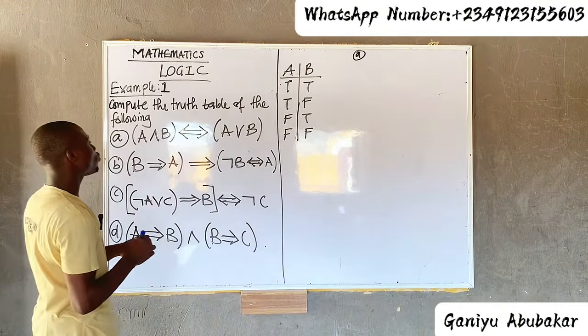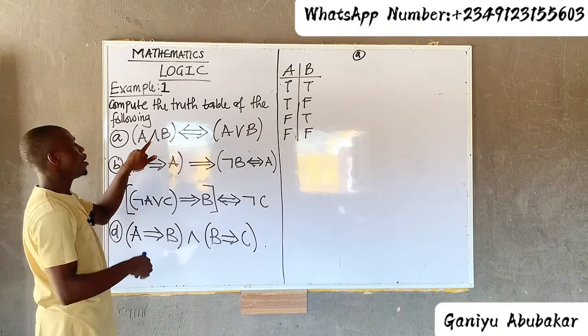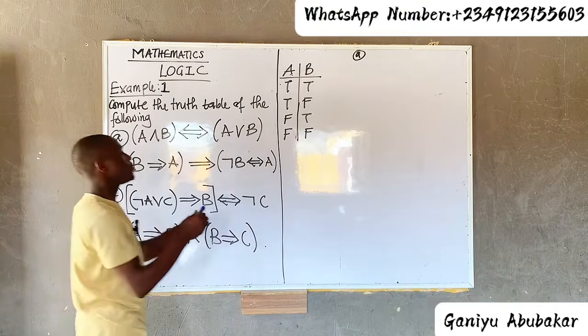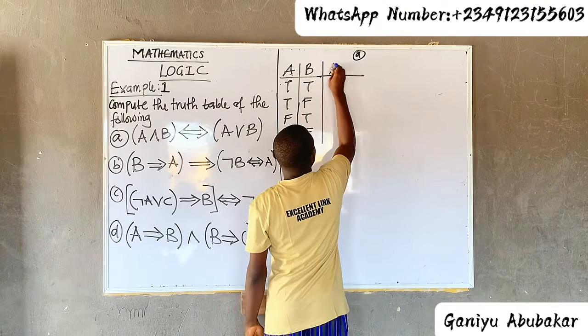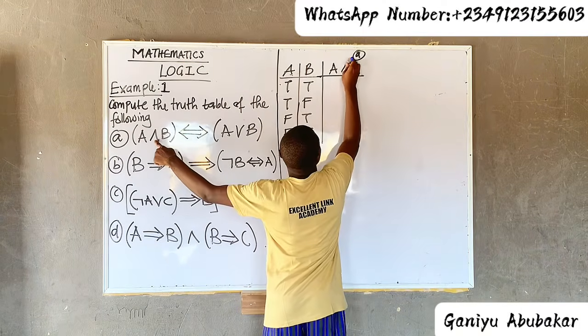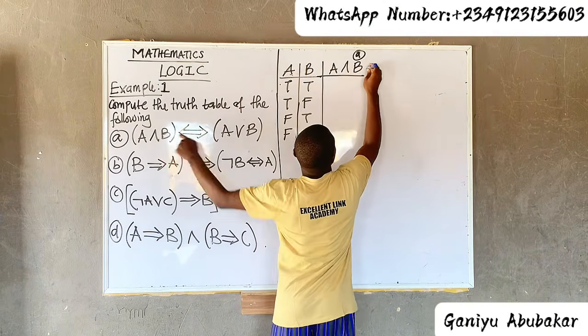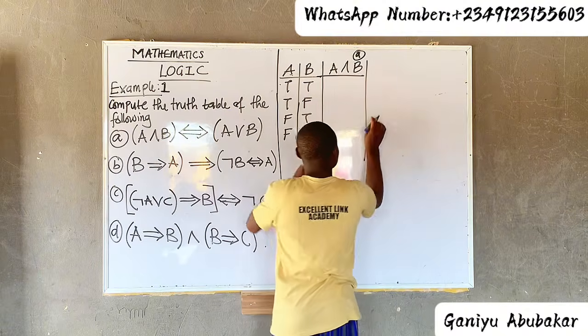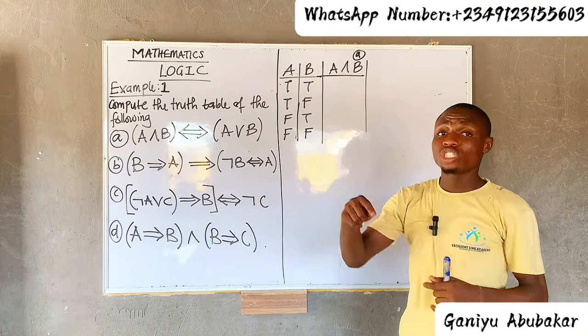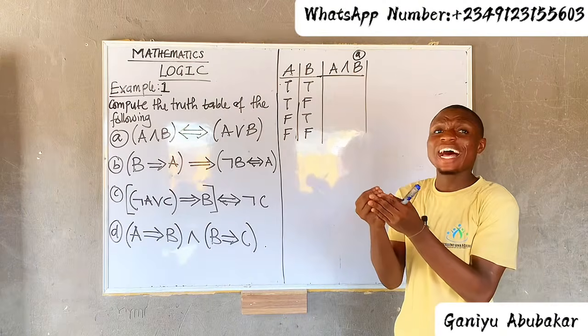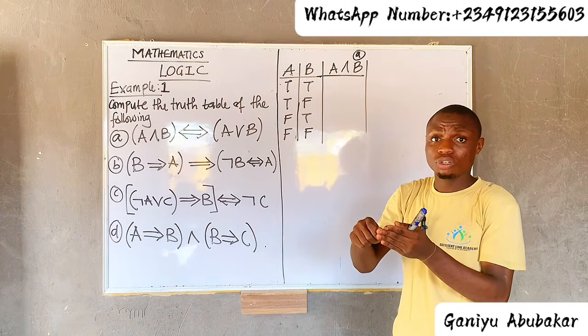Now listen up. I'm told to find A and B. So let's find A and B first. For the and concept, check your book, I said it must have at least one false.